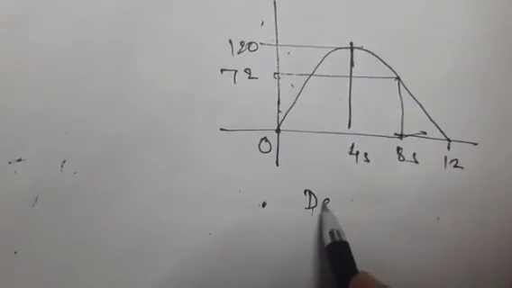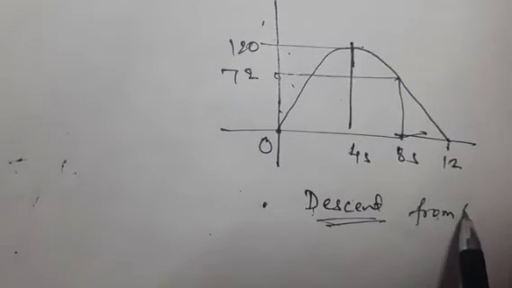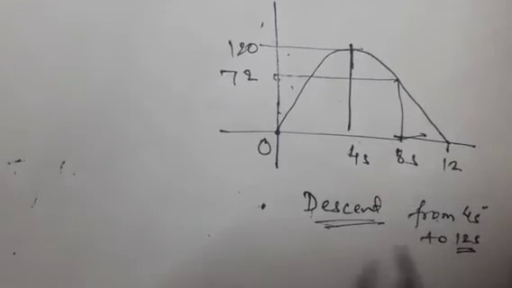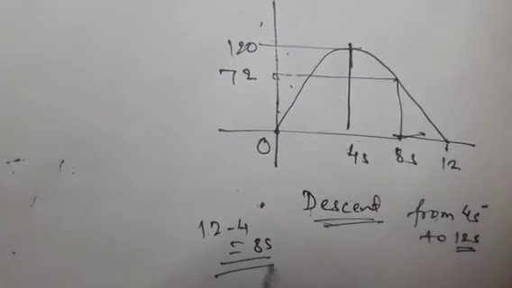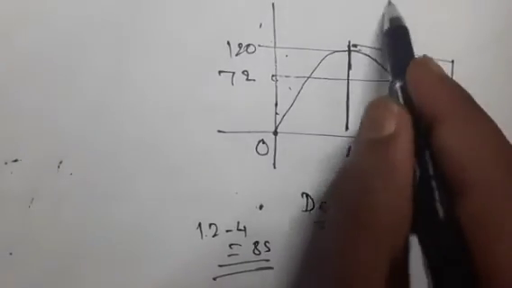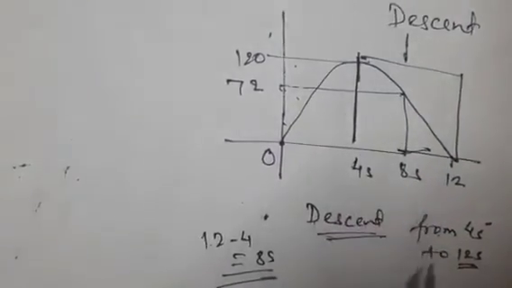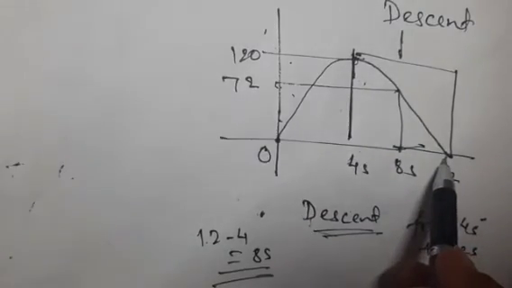The descent part was from 4 seconds to 12 seconds. So the duration becomes 12 minus 4, that is equal to 8 seconds. During these 8 seconds, the object traveled from a height of 120 to a height of 0.